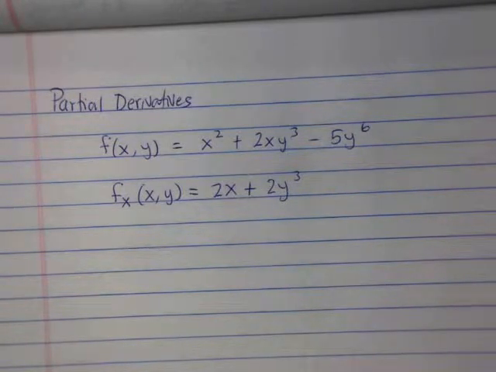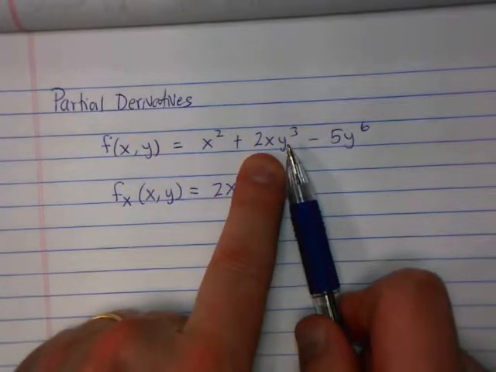For 2x y cubed, wouldn't you use a product rule? Okay, so you're confusing implicit differentiation with partial derivatives. If I'm in Calc 1 and I have an implicitly defined function, then I'm considering both x and y to be variables. And so absolutely I would need the product rule right there.